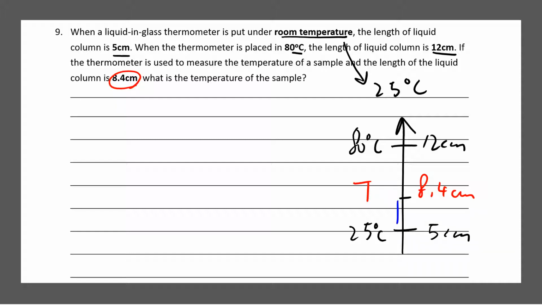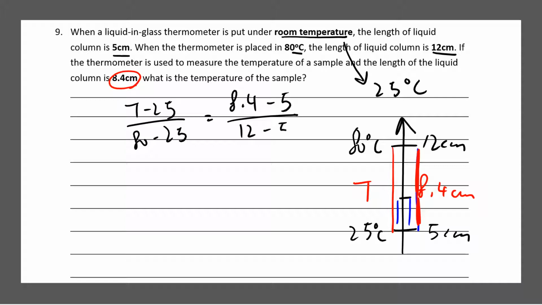I'm not going to explain it because the method is very well practiced. I'm sorry, I used the blue one, it's the red one. So the left hand side, T minus 25 over 80 minus 25 equals 8.4 minus 5 over 12 minus 5. And then you simplify it.